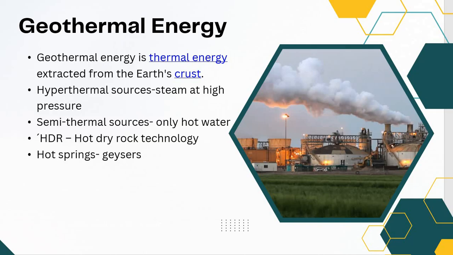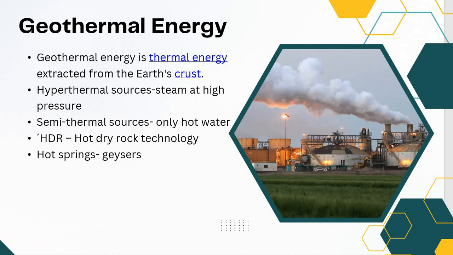The geothermal sources that supply steam at high pressure are called hyperthermal sources, while the sources that supply only hot water are called semi-thermal sources. The hyperthermal sources are produced in the zones where the geological activity is very high.